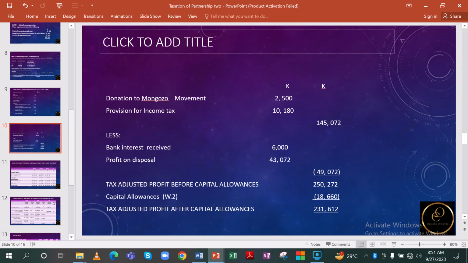When it comes to partnership, the partnership firm itself does not pay tax. Who pays tax? The partners. So we are going to see later how this figure is supposed to be shared by the partners. So that's the next we're going to look at. In the next video, I'm going to show you how that is done.